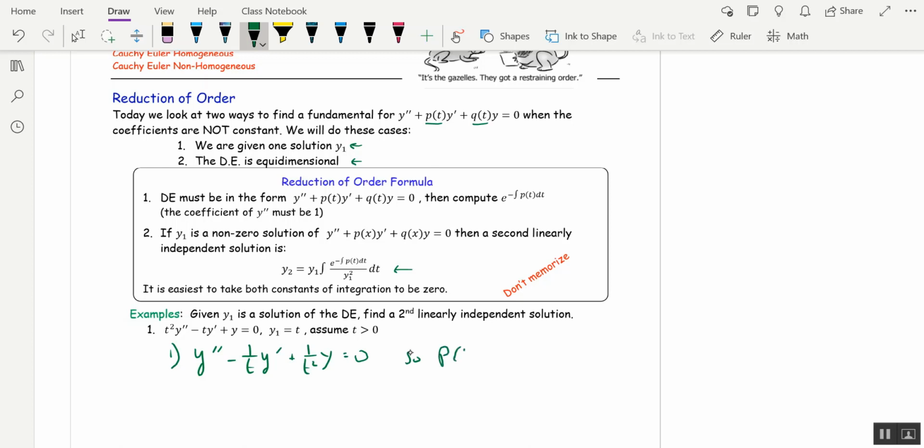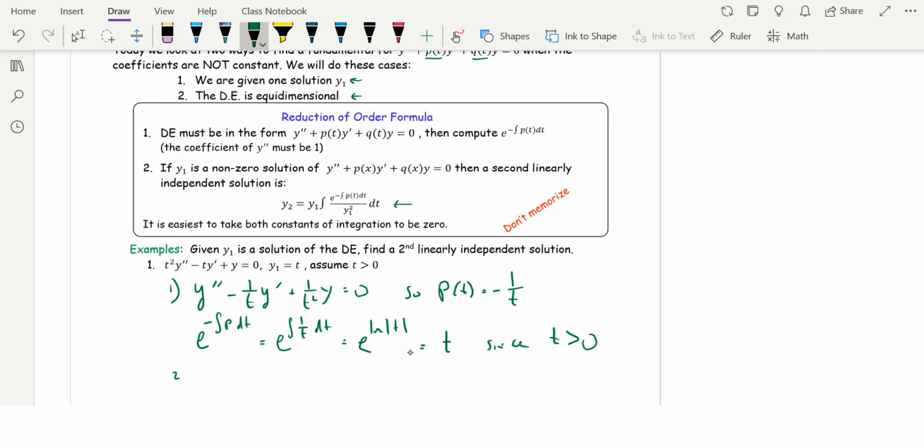So p of t is negative 1 over t. Okay, so we want to compute e to the negative integral of p dt, which is e to the integral of 1 over t dt, which is e to the ln absolute t, which is t, since we're given that t is greater than 0.